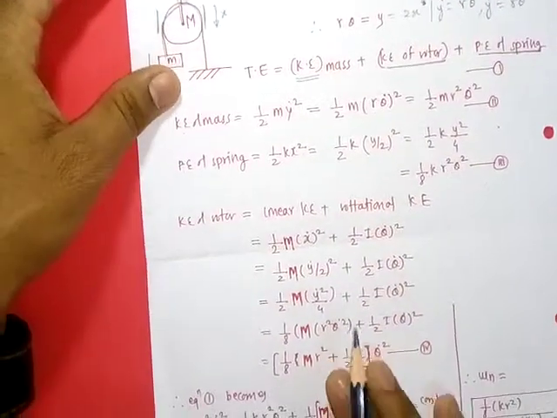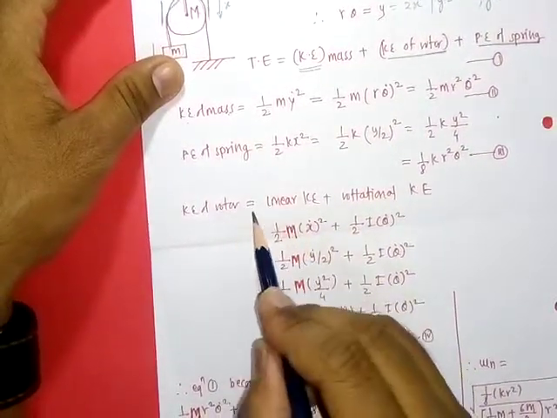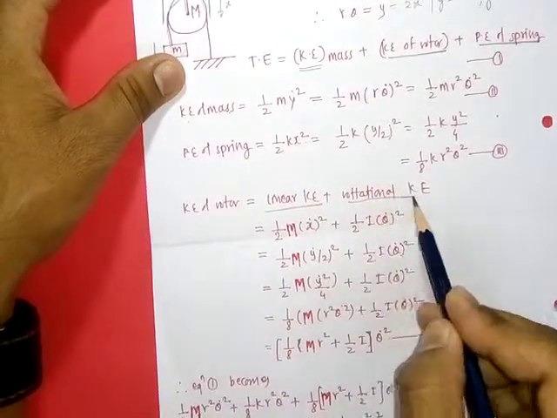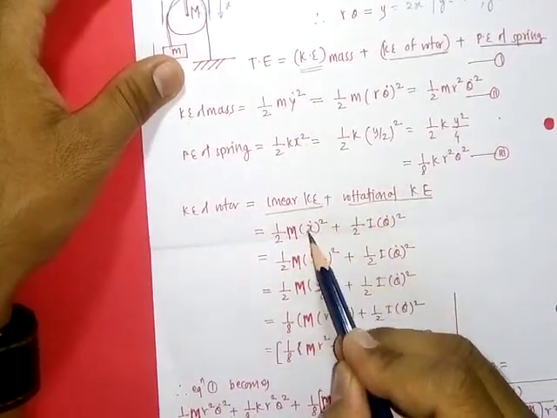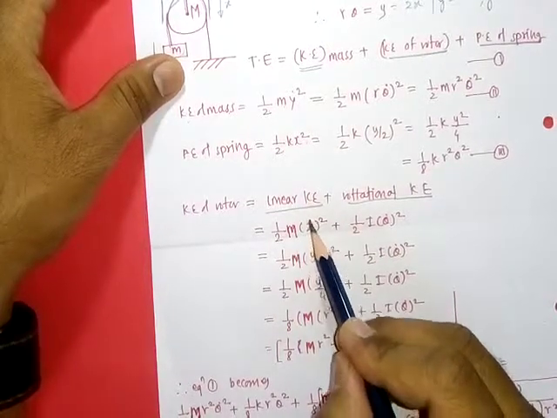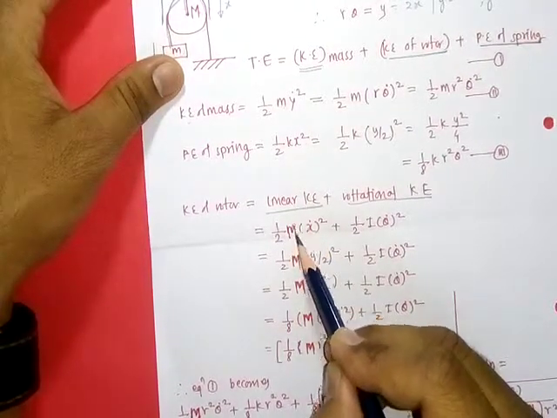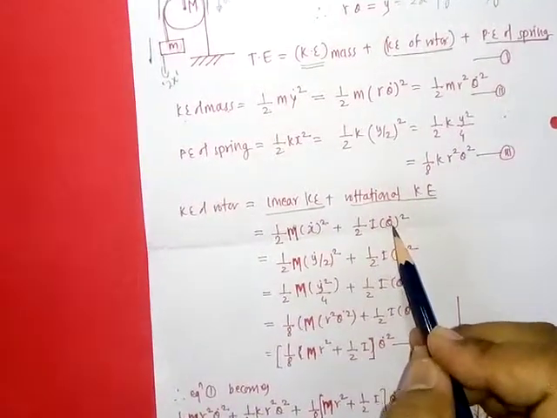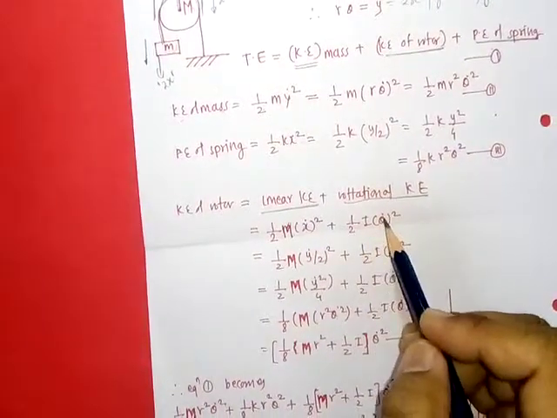Then next is the kinetic energy of the rotor. The rotor has both linear kinetic energy and rotational kinetic energy. With linear displacement x, it is equal to 1/2 capital M x dot square, and for angular motion theta, it is 1/2 I theta dot square.